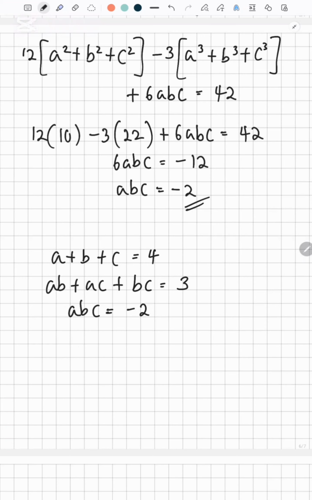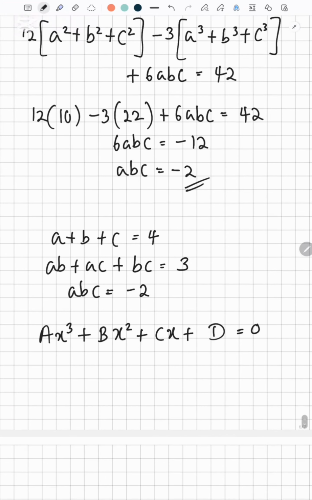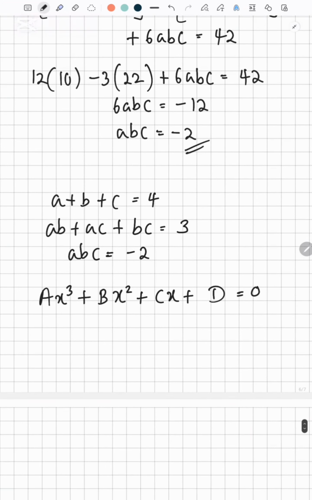So let's say this is the format. If I divide every term by a, the coefficient of x cubed, we're going to have x cubed plus b over a x squared plus c over a x plus d over a, right?